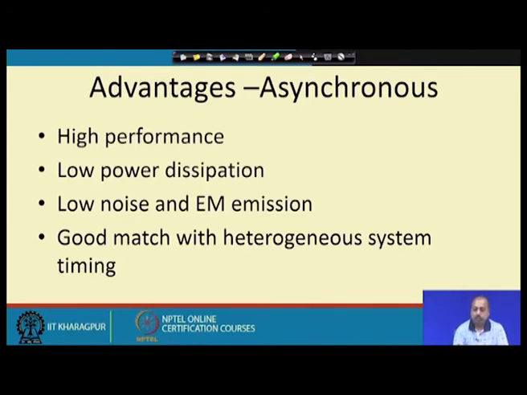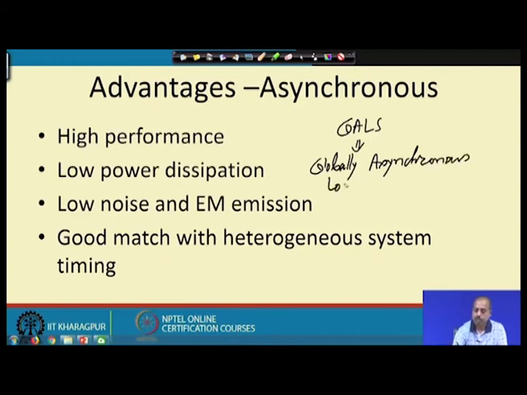In fact, this heterogeneous timing leads to one particular type of structure known as the GALS structure, which is globally asynchronous, locally synchronous. That takes the advantage of both synchronous and asynchronous design.